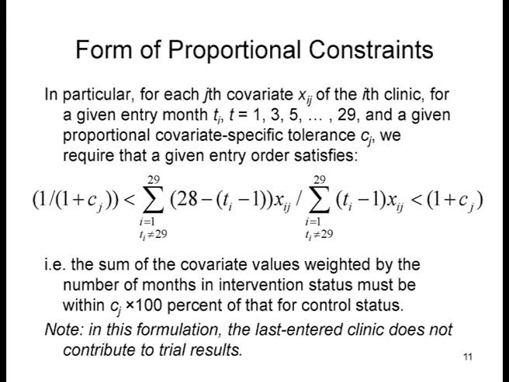These are basically intervention months that a clinic is in and control months a clinic is in, weighted by covariate X. We wanted those to be within plus or minus a proportion, in a ratio, so that you're not too far from 1, so that the ratio of those covariate weighted months is not too different between the treatment condition and the control condition. So, as I said, we're not going to go through this in detail. You can read this at your leisure.